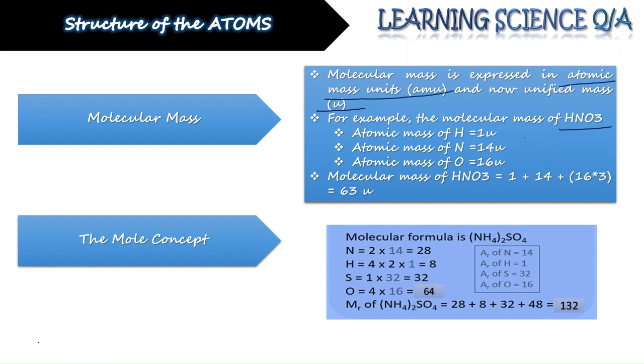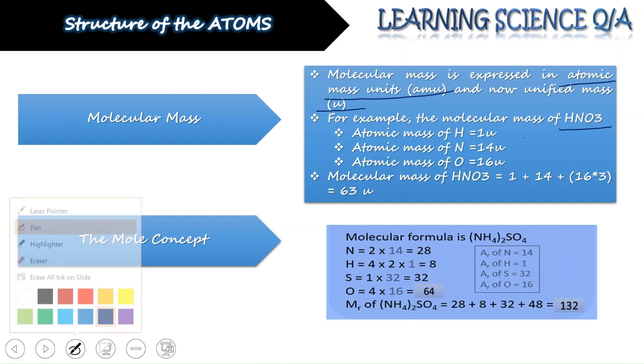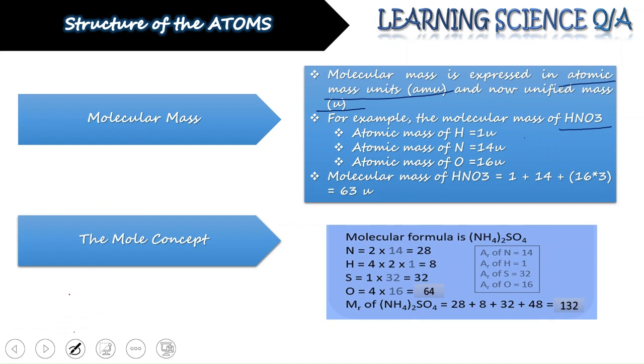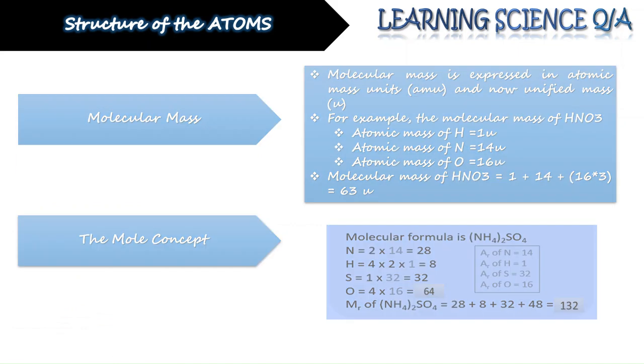It would be represented in the form of mole. That means 1 mole of ammonium sulfate will have 132 grams or units of ammonium sulfate. The change will be only in the way of representation.